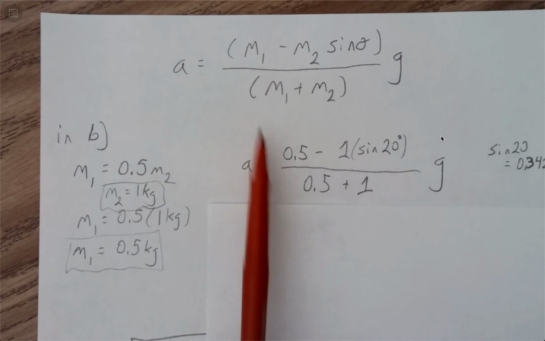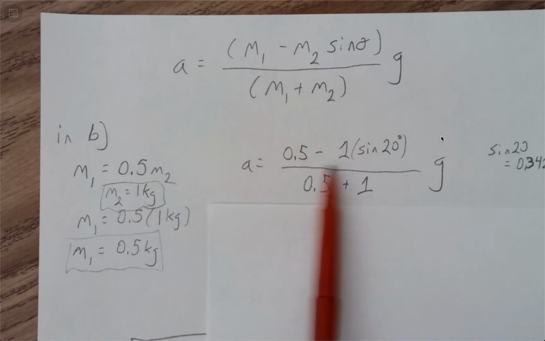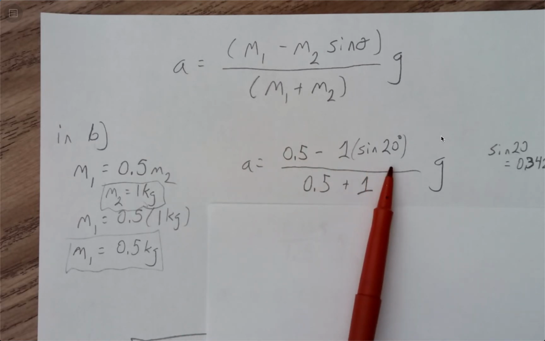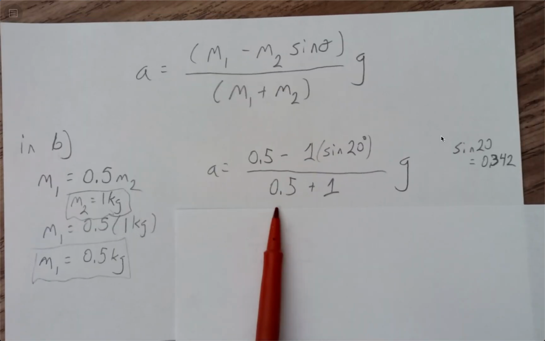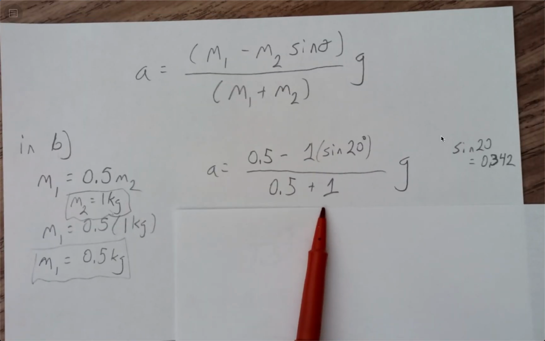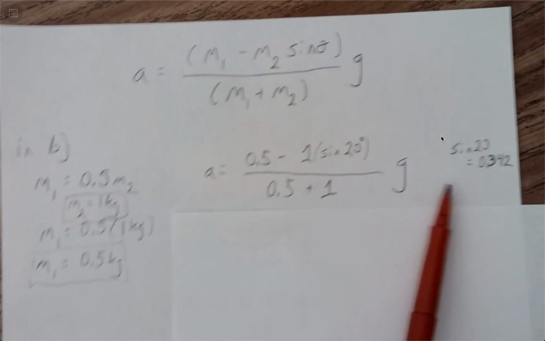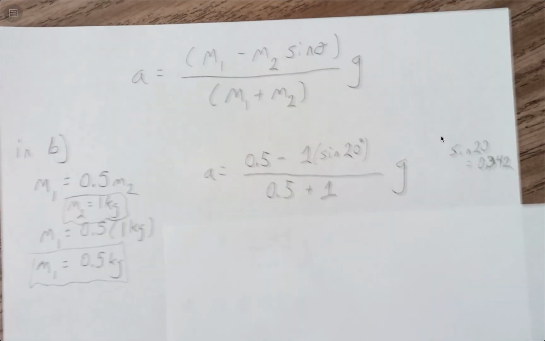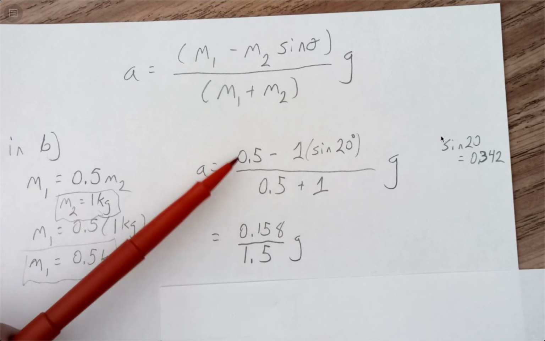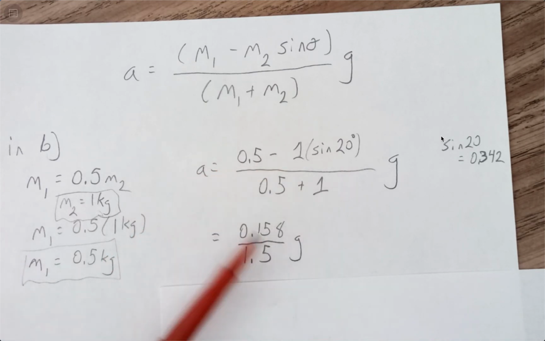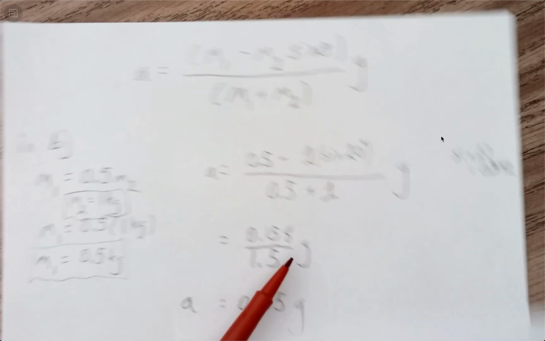So then I plug in for m1 is 0.5 minus 1 times a sine. The sine now is sine of 20 divided by the sum of the masses, 0.5 plus 1, times g, where I know sine of 20 is 0.342. So then this 0.5 minus 0.342 is 0.158 divided by 1.5 times g.